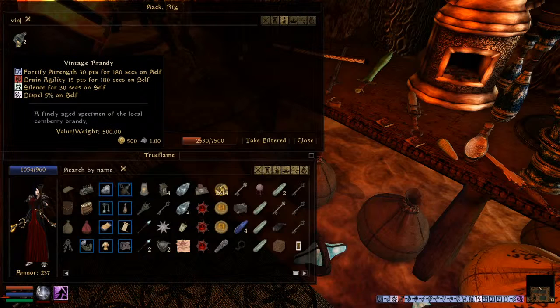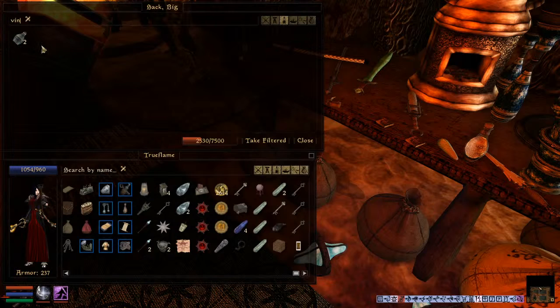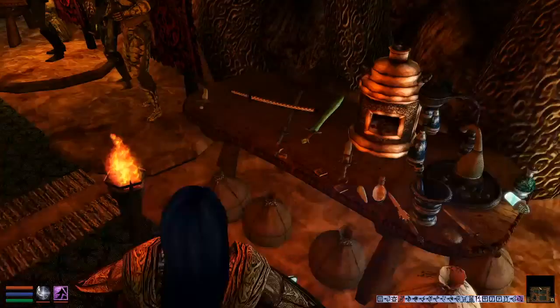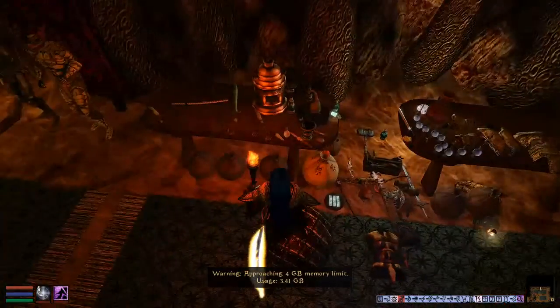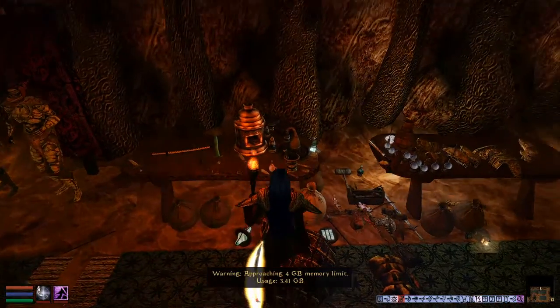And a couple more. I'd like to keep at least one because you never know when some other quest is asking you for a bottle of vintage.